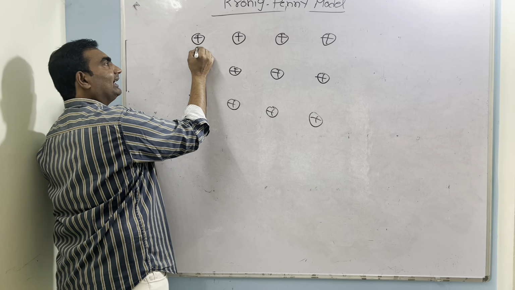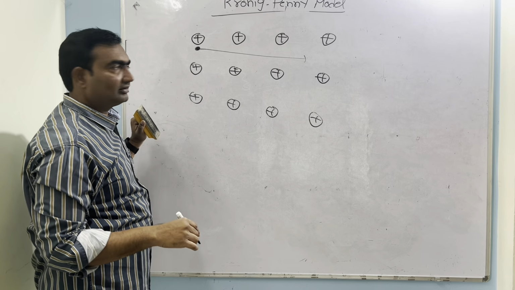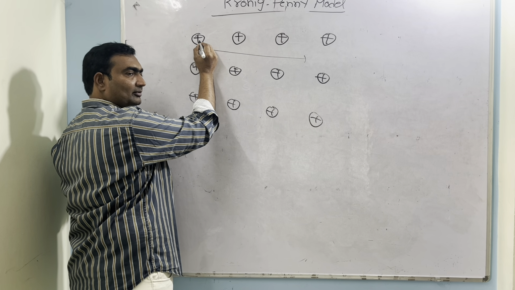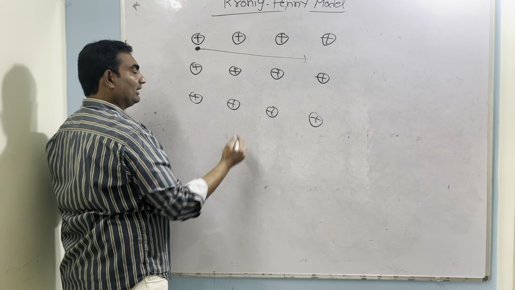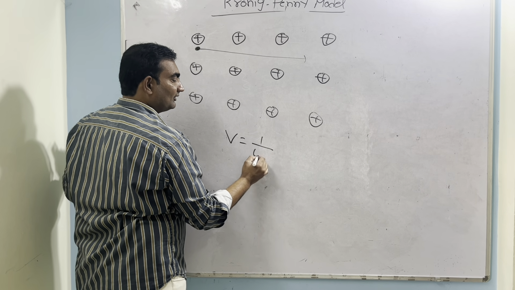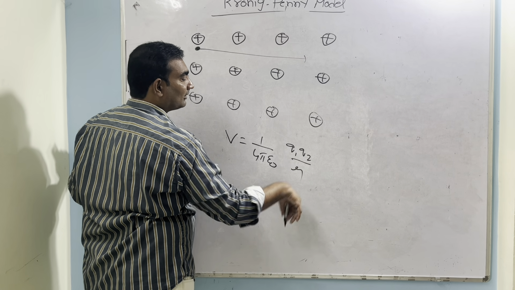When the electron wants to roam inside the crystal and approaches a positive ion, the potential energy according to Coulomb's law is 1 by 4 pi epsilon naught into Q1 Q2 by R.